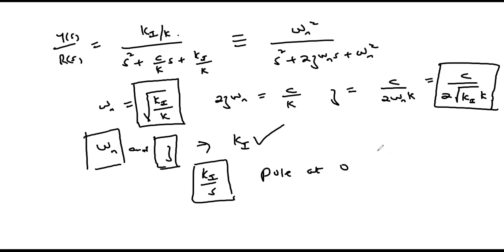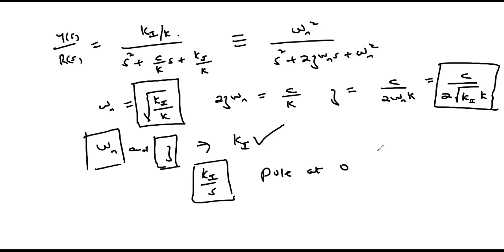Because of those two demerits, the non-independence in the design of omega n and zeta due to only one design parameter ki, and the negative effect on the stability of the system, the integral control action is not used on its own, but together with the proportional and or derivative control action.